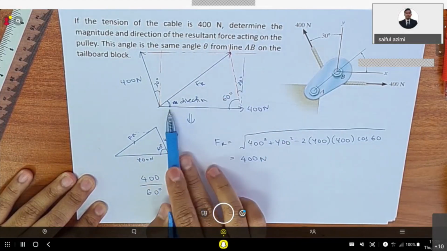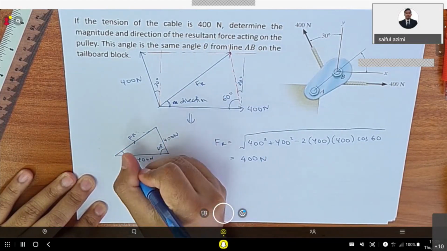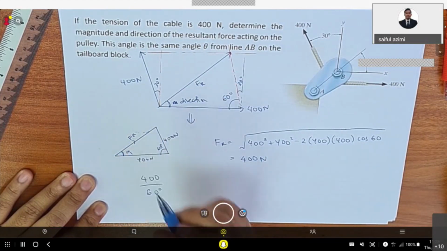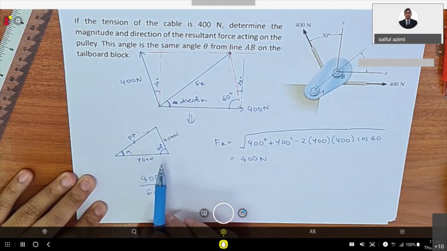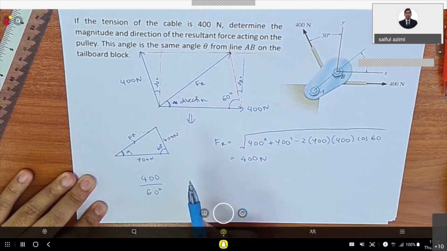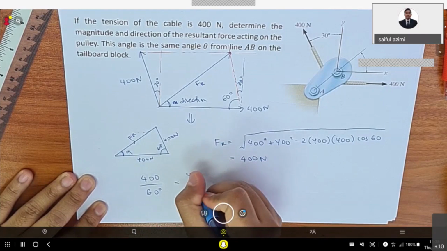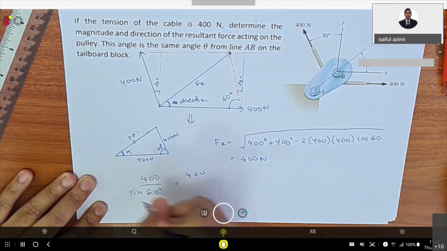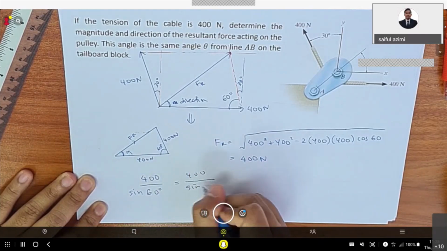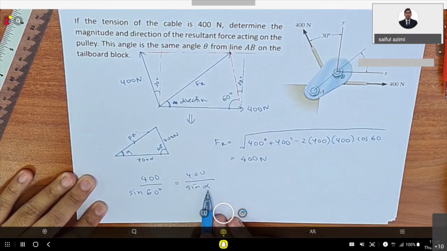The direction angle is here, so you have your alpha here. So 400 over sine 60 equals 400 over sine alpha. When you solve for alpha, you also get alpha equals 60 degrees.